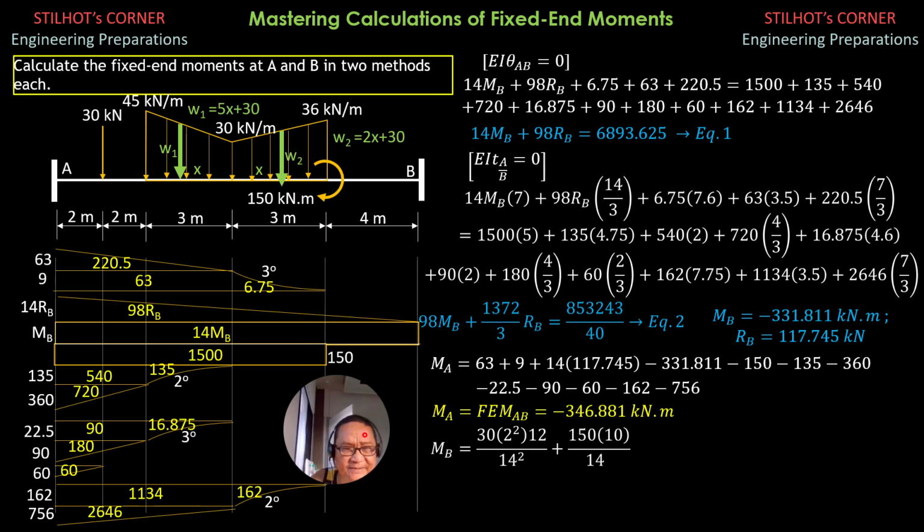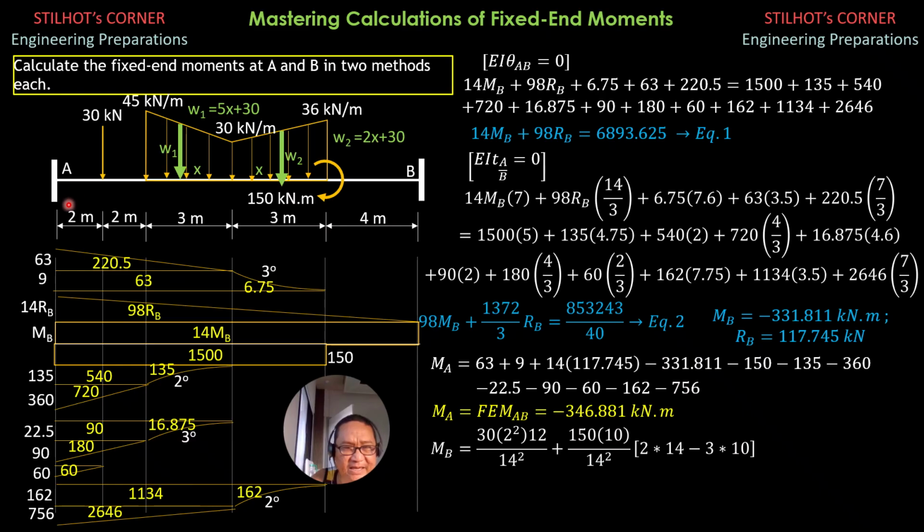Moment B rather, BA, so 30 times 2 square. The one that is squared is the distance from the other end. So 2 square times 12 over 14 square. Remember the formula PAB square over L square. So in this case, moment at B is PA square B over L square.